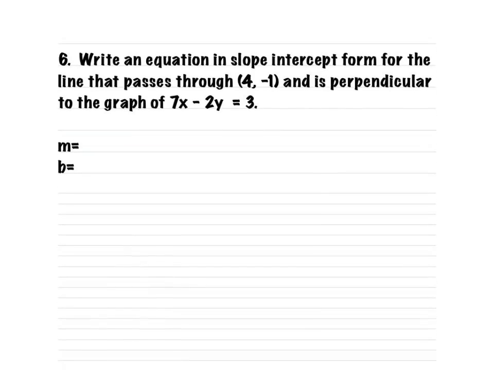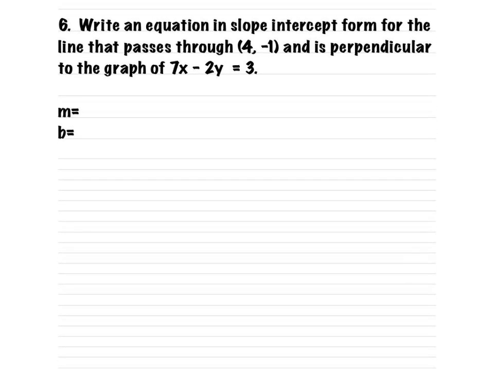Number 6 on your own. Write the equation in slope-intercept form for a line that passes through 4, -1 and is perpendicular to the graph of 7x minus 2y equals 3. Notice that they did give us that equation in standard form, so you're going to have to work through to determine its slope. All right, so pause the video.